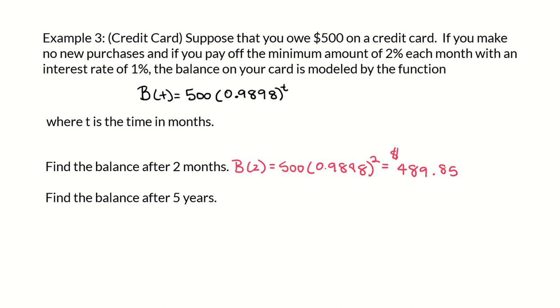Find the balance after 5 years. So since our time is measured in months, we need to convert 5 years to months. So since there are 12 months in a year, the number of months would be 5 times 12, which is 60. So 60 is the t-value that we plug in. So we find b of 60, which is equal to 500 times 0.9898 to the 60th power.